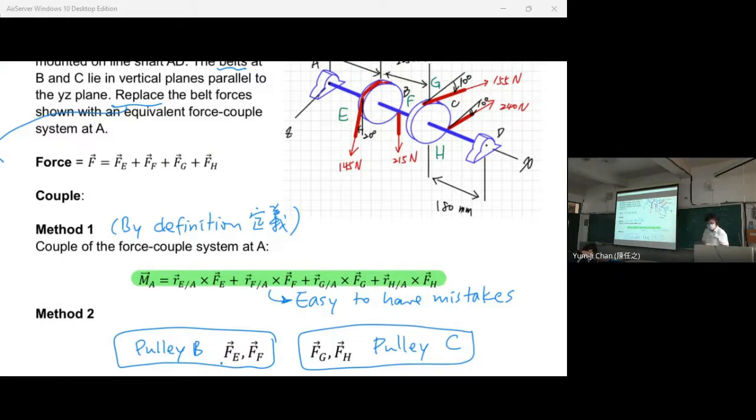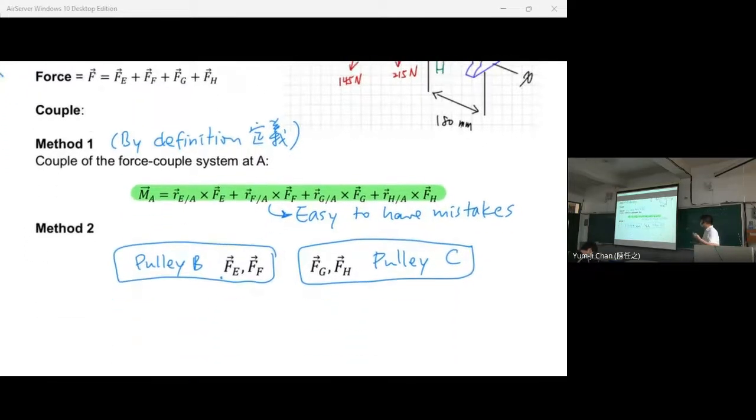So here we calculate the force couple system.